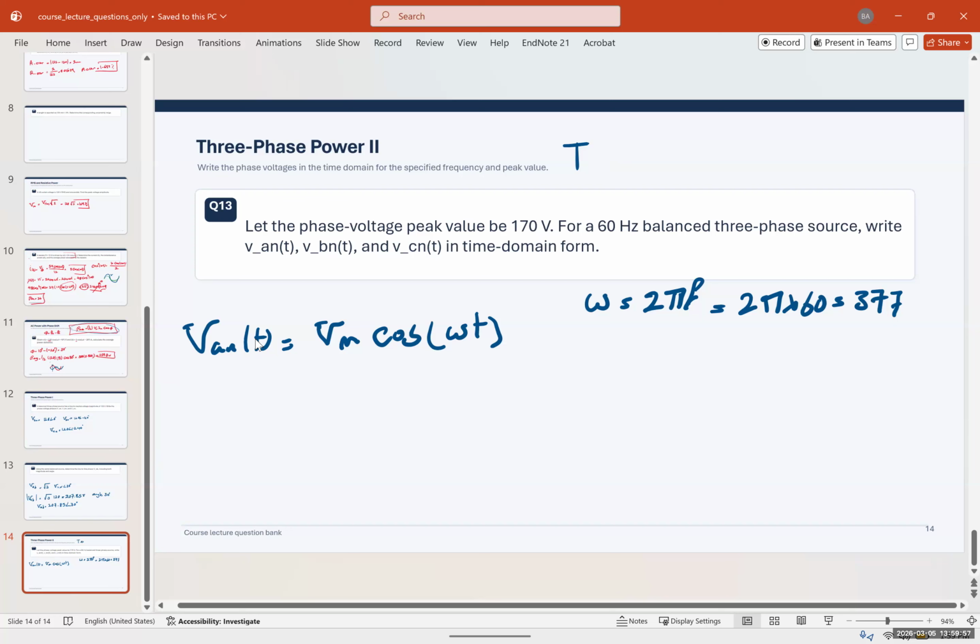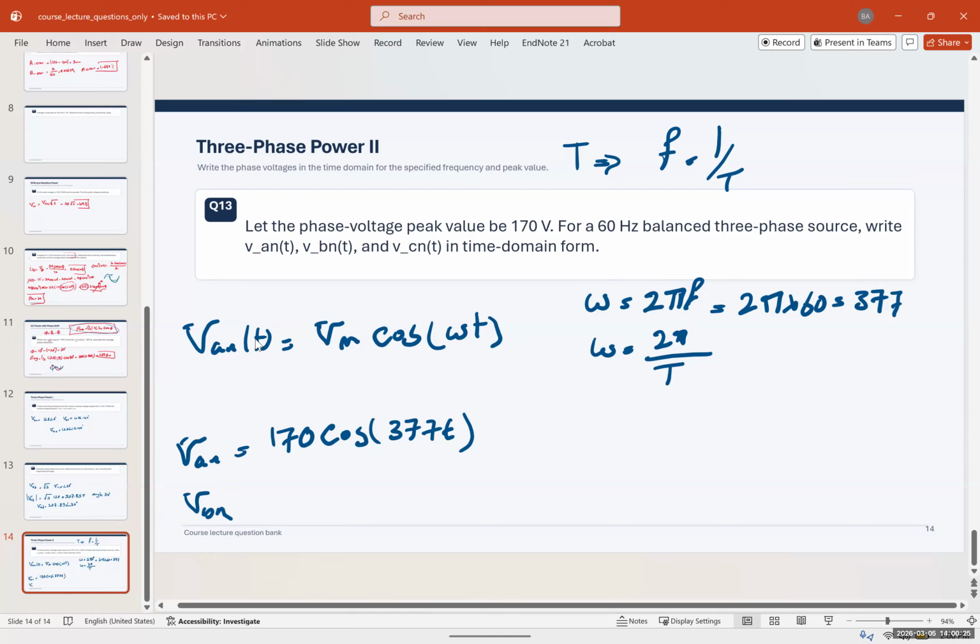If, for example, T was something milliseconds, f is equal to what? 1 over T. So you could find it that way. In other words, omega is 2 pi over T, which is the period. Now, VAN is going to be 170 cosine of 377 t.